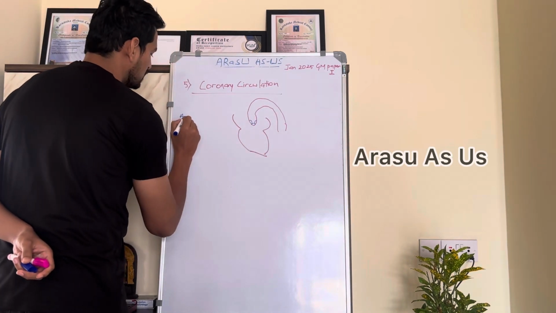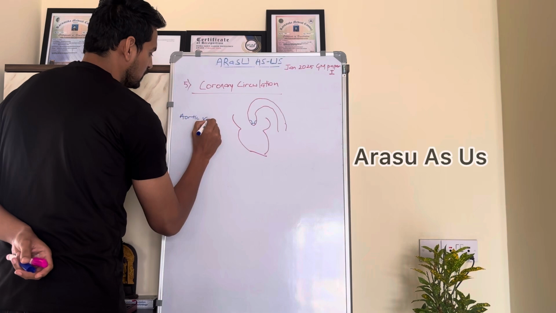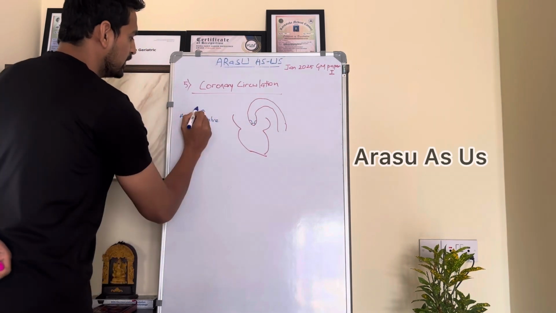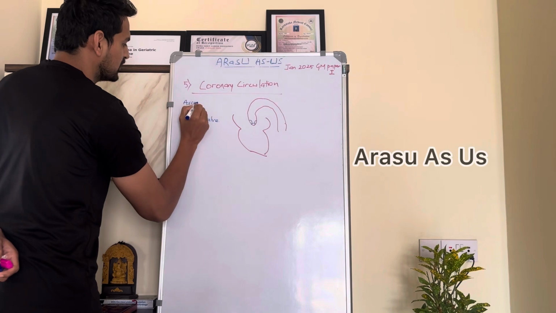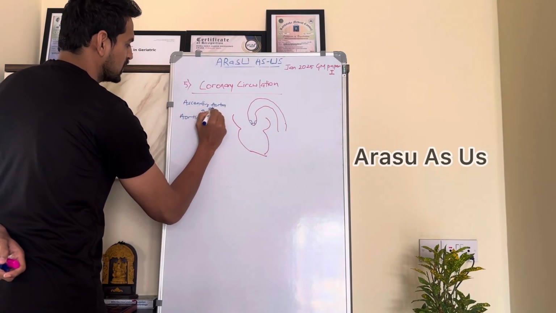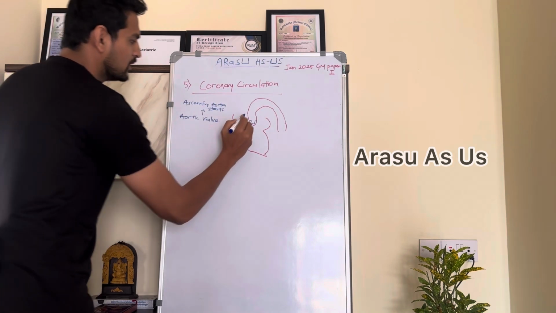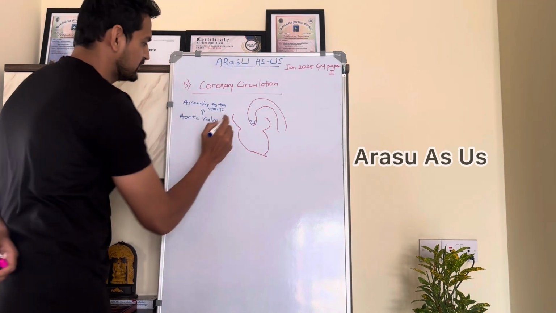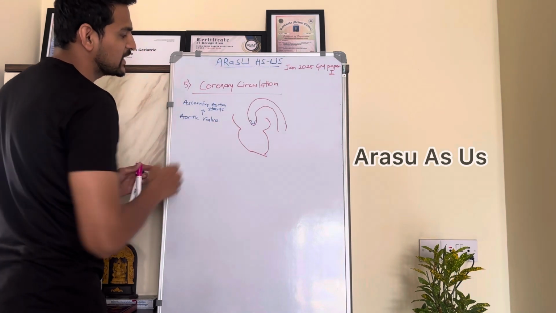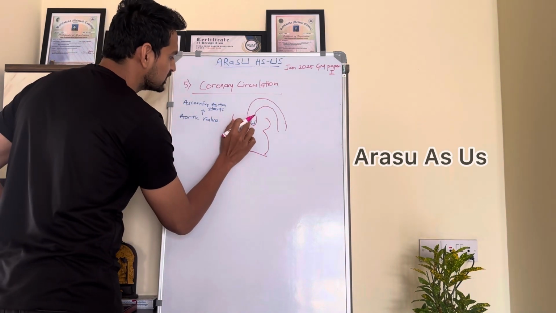So the aortic valve is at this level. Immediately over it, where the ascending aorta starts, there will be 3 dilatations. So we can observe 3 dilatations in relation to these 3 cusps.